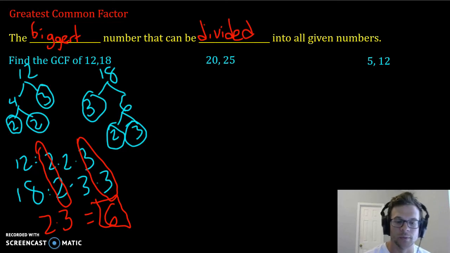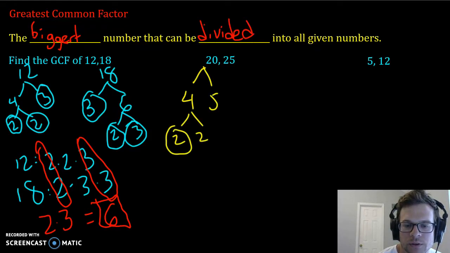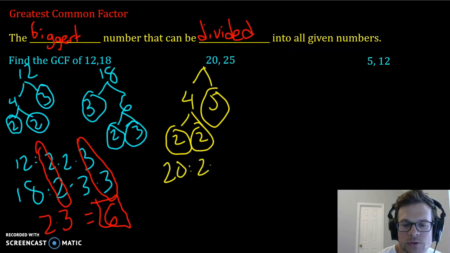Okay, if you get multiple numbers listed out, you're going to multiply them back together to get your final answer. Let's look at 20 and 25. Factors of 20 are 4 and 5. Factors of 4 are 2 and 2, and those are all prime. So our 20 is 2, 2, and 5.